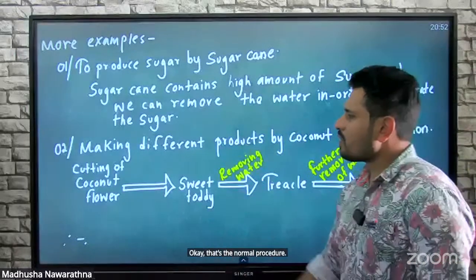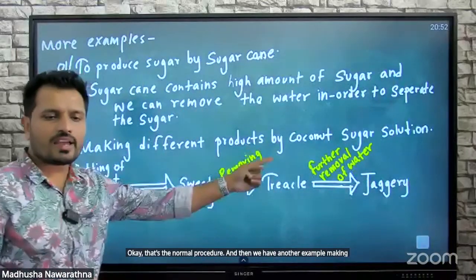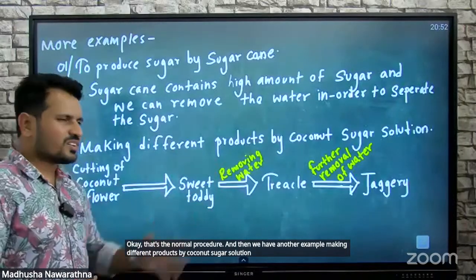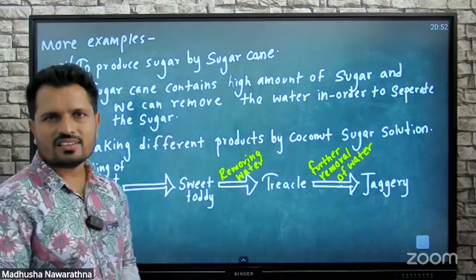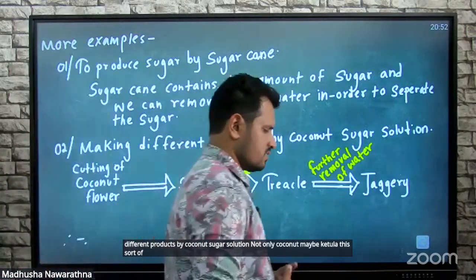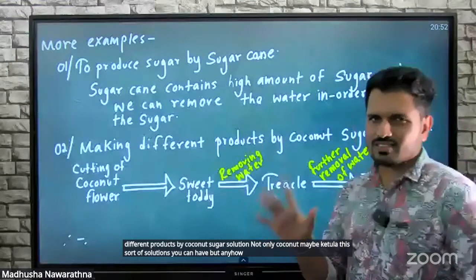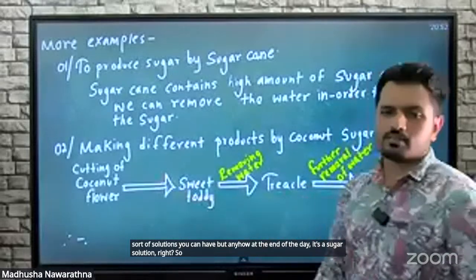And then we have another example, making different products from a coconut sugar solution. Not only coconut, maybe kitul, these sorts of solutions you can have. But at the end of the day, it's a sugar solution, right?